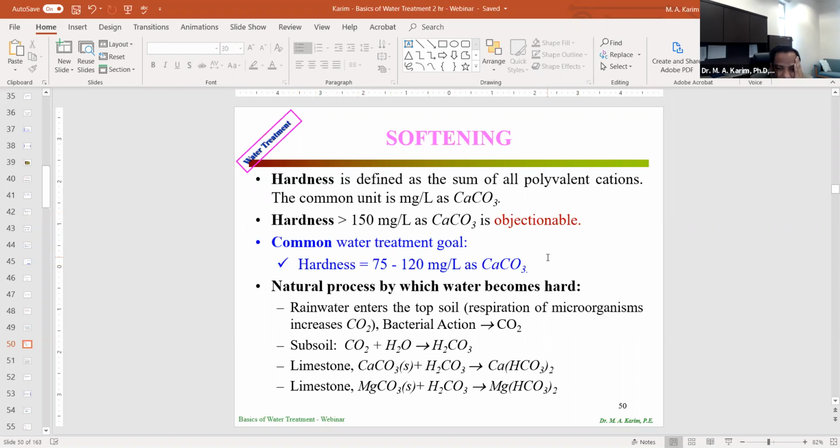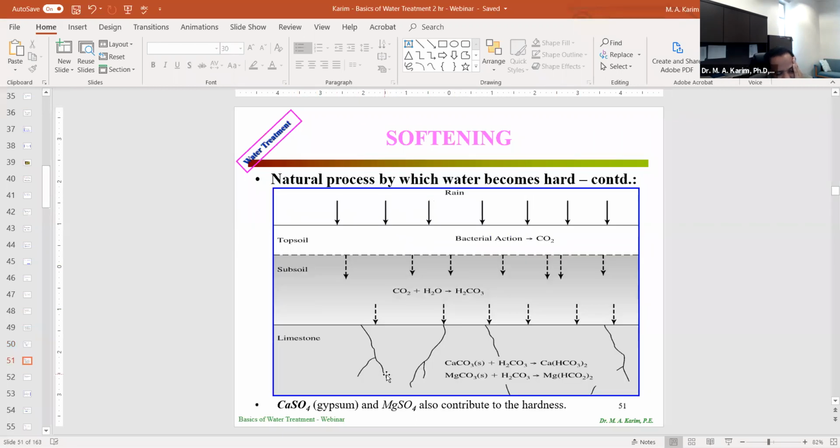So, the natural process by which water becomes hard. I'm not going to go through all the steps here. I have this figure to show you how it happens. Basically, rainwater comes to the topsoil, where bacterial action produces carbon dioxide. Then it goes to the subsoil. Once the rainwater and the carbon dioxide from the bacterial action in the topsoil combine, it becomes carbonic acid, H2CO3. We have limestone here that has calcium carbonate and magnesium carbonate, and reacting with the carbonic acid, they become calcium bicarbonate and magnesium bicarbonate.